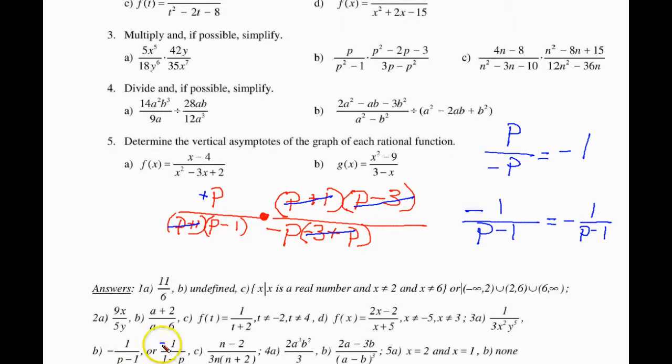They just switched those around on the bottom, so that would be okay then. All right, so you could put the -1 there, or -1 over p minus 1. There's a couple of ways to do it, and hopefully your math lab should give you credit for that. That one was a little tricky.